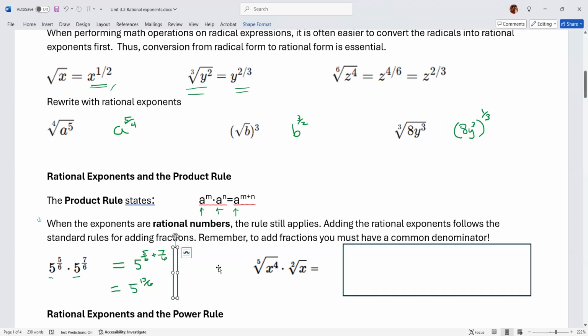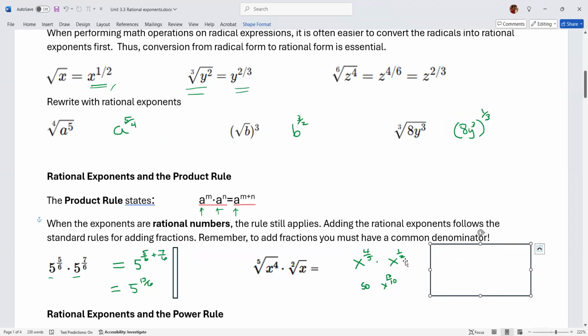This next one, if you rewrite these with rational exponents, you're going to see that I have different denominators. So let me clear this out a little bit. I have x to the 4/5 for this first one, and that's multiplying x to the 1/2.